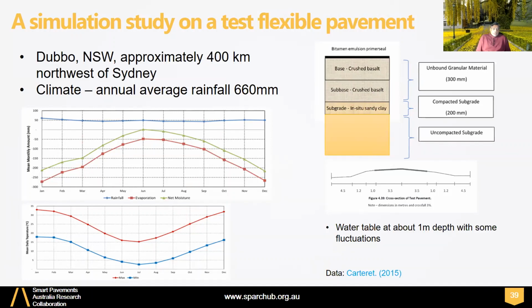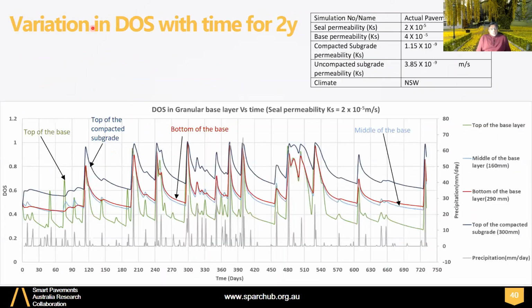So these are the rainfall patterns and so on. This diagram here is a result of the simulation and shows variation in degree of saturation with time for 2 years. Some of the simulation parameters are given here.